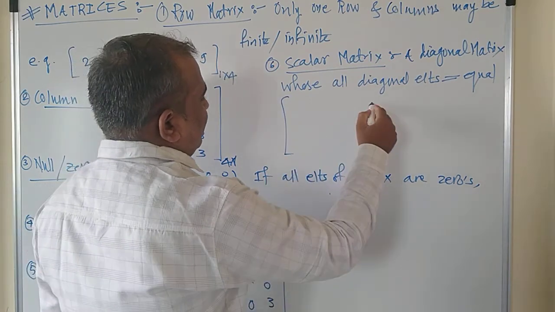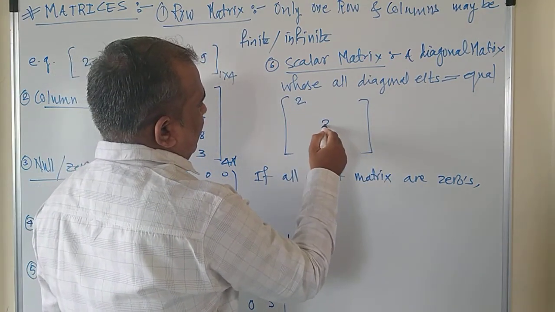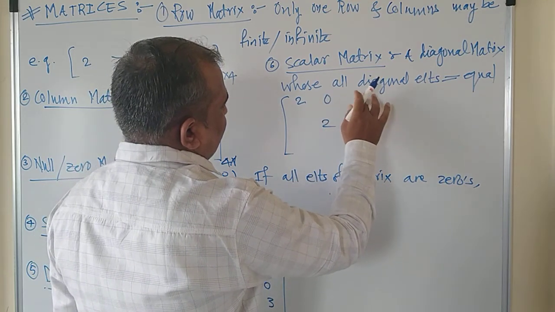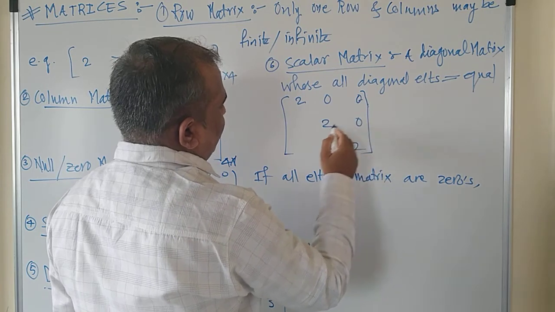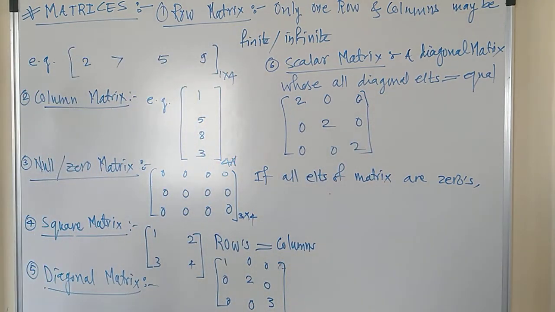For an example, we can consider this kind of matrix. Let us say the diagonal elements are equal, that means 2, 2, 2, and the non-diagonal elements are 0. This is called a scalar matrix.